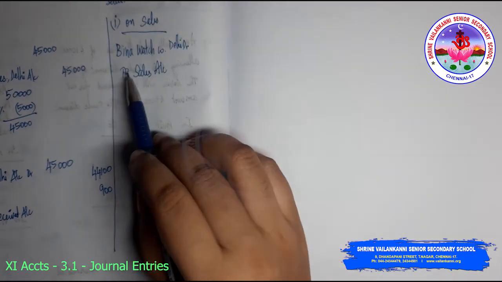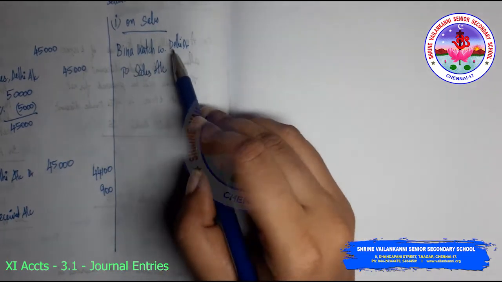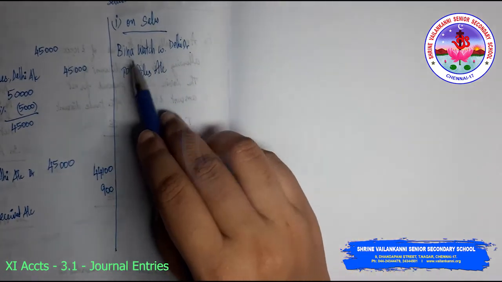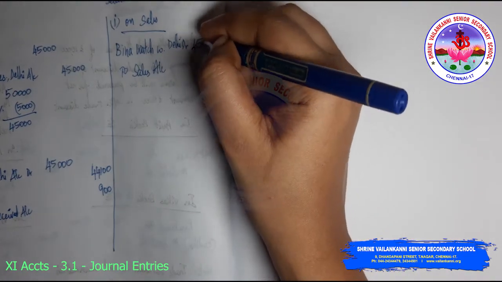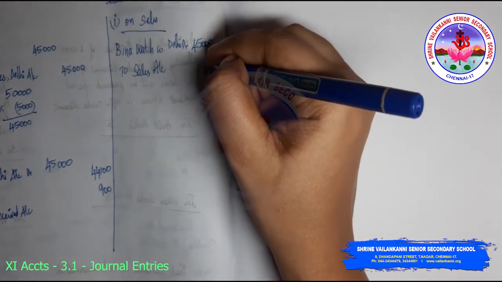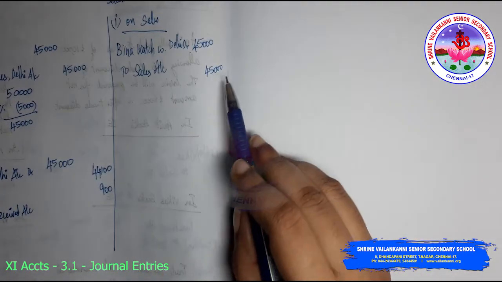Why Beena Watch Company, Delhi, debit? Because Beena is a debtor. We are selling to Beena on credit. So how much we have to get paid? Pioneer Watches is to receive 45,000.